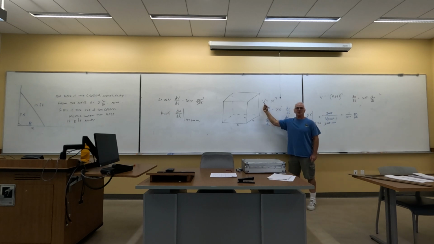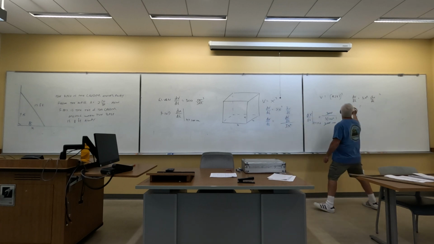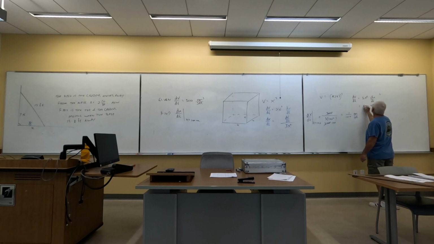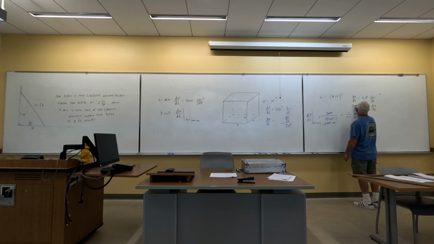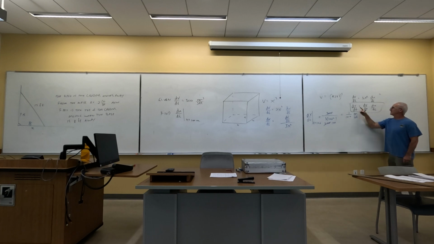But if I said, what's the derivative of v with respect to x, isn't that 3x squared? Isn't the derivative of this just 3x squared? I want you to notice this. This is the chain rule. dv dt is dv dx, dx dt.